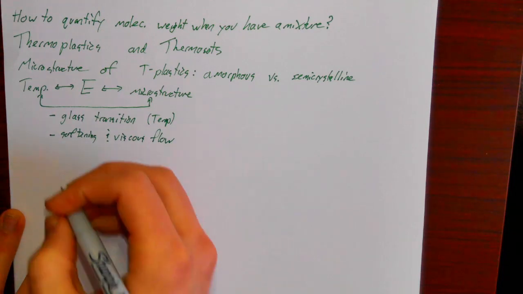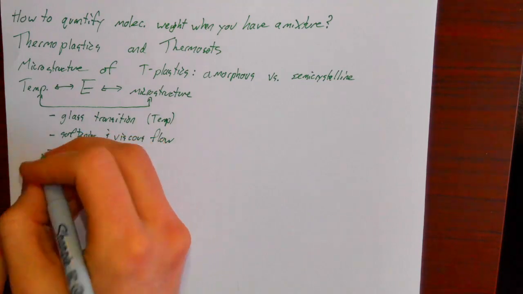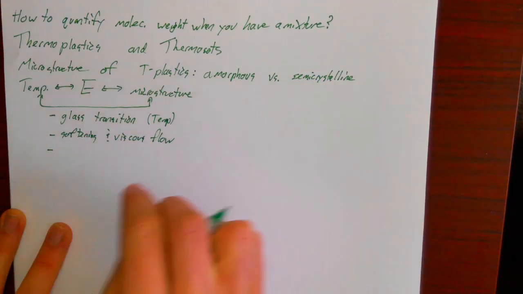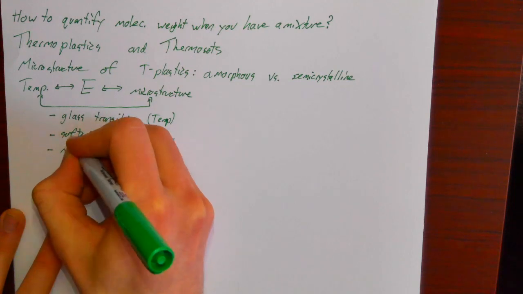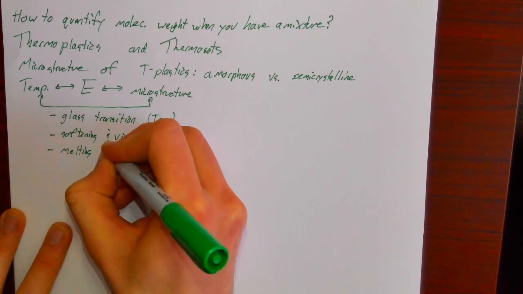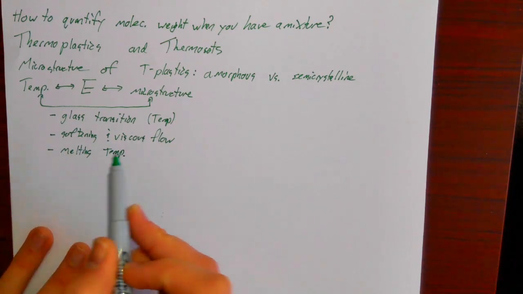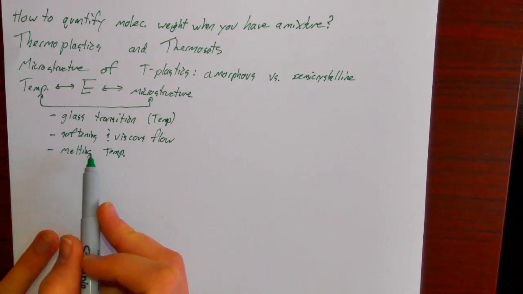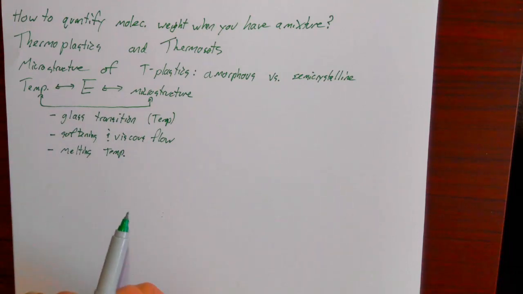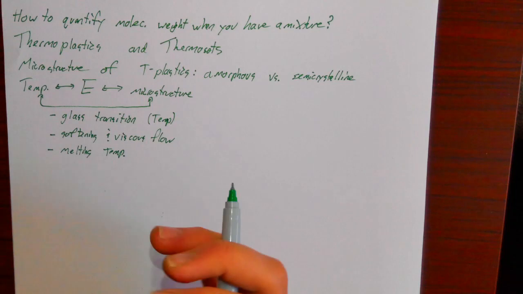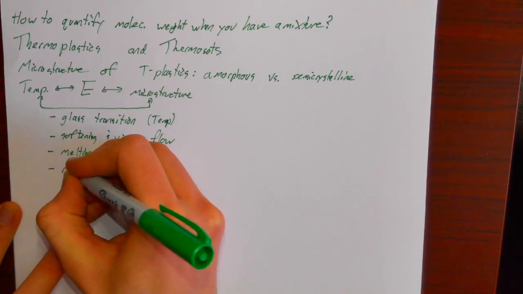Then we'll talk about something distinct from softening and viscous flow that exists really only for semi-crystalline polymers, which is called the melting temperature. Actually, we'll talk about it in detail later. It's not really the polymer becoming a liquid, but rather an appreciable change to its microstructure while it still remains solid-like. And we'll also talk about the rubbery plateau for polymers.